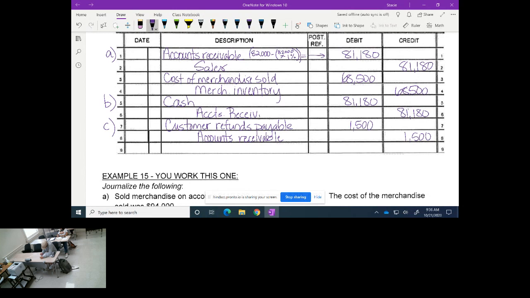Why didn't we put the discount on this $1,500? Because that is the amount of credit they're giving them. So we're not going to discount it. You're discounting to give them an incentive to pay early. So this has nothing to do with that. We're giving them a refund for some stuff that was damaged. Y'all good? Yay, nay?